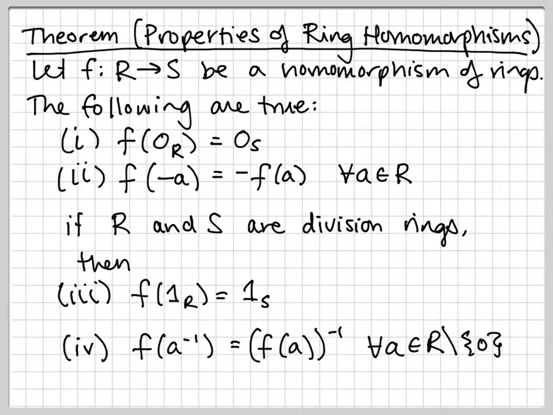So we should probably specify, let me add here, that f of A is not equal to 0_S if A is not equal to 0_R. So we just want to be a little bit careful that we don't send stuff to 0. But it basically works the same way, and those proofs will look very similar.